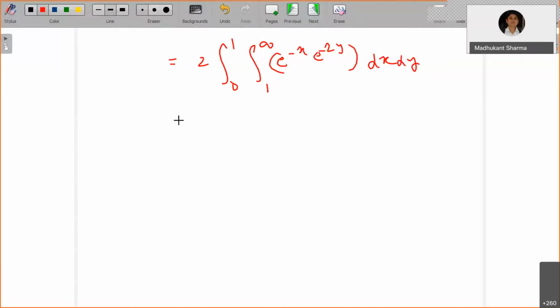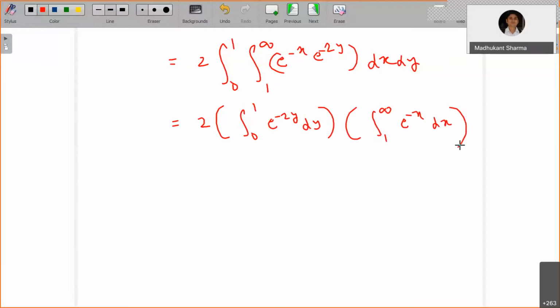Now both are constant limits, and the integrand is a function of x times a function of y. So I can write it as 2 times the integration from 0 to 1 of e to the power minus 2y dy, into the integration from 1 to infinity of e to the power minus x dx.